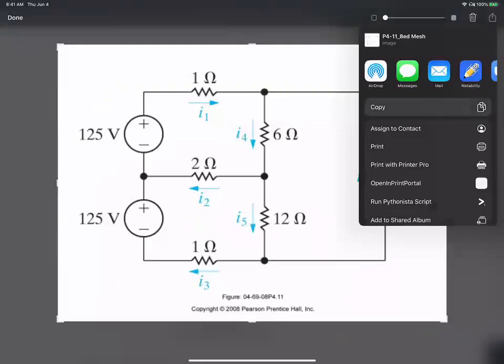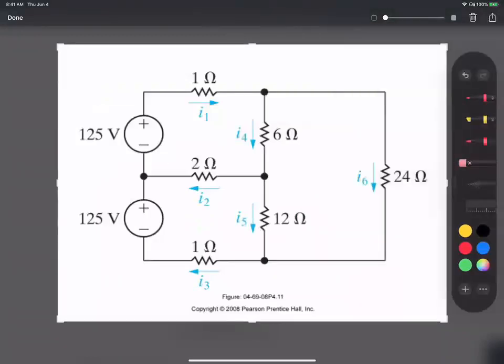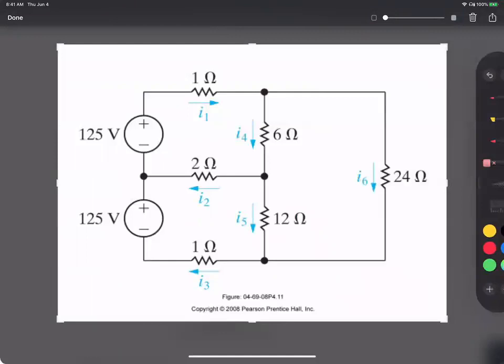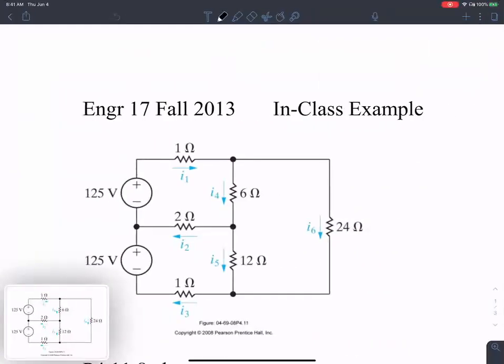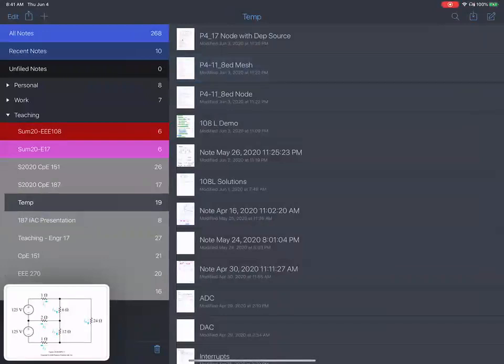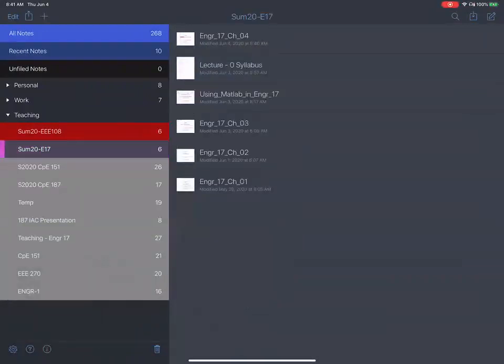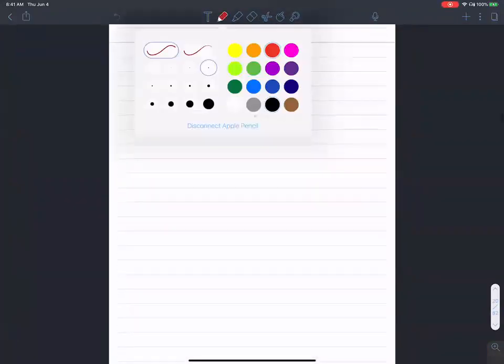Copy this. Chapter 4, node voltage method, mesh current method. Okay, mesh current method.